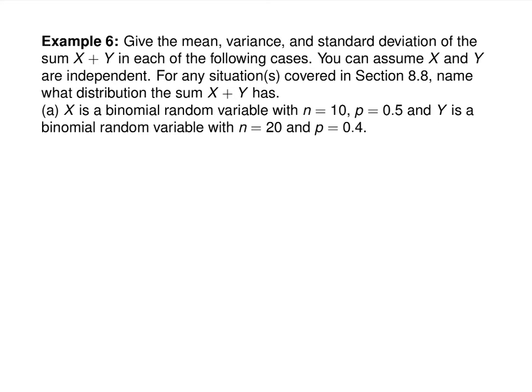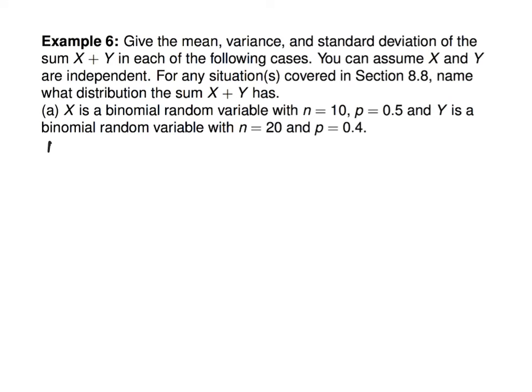So give the mean, variance, and standard deviation of the sum x plus y in each of the following cases. You can assume x and y are independent. For any situations covered in section 8.8, name what distribution the sum has. That's kind of an if any. Okay, so x is a binomial random variable with n equals 10, p equals 0.5, and y is a binomial random variable with n equals 20 and p equals 0.4.